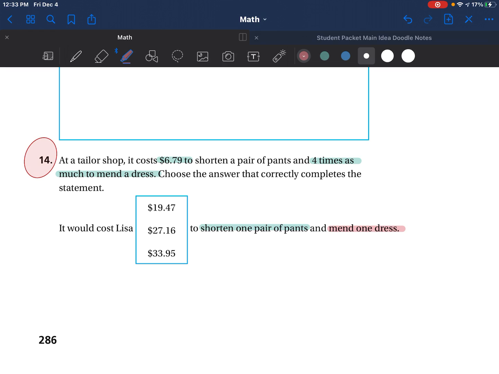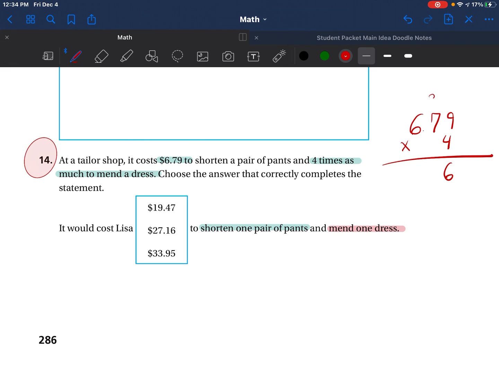But we really don't know how much it costs to mend a dress. We just know it's 4 times as much as shortening a pair of pants. So we have to actually solve for that first. So we take $6.79 and it's 4 times as much, so we times it by 4.